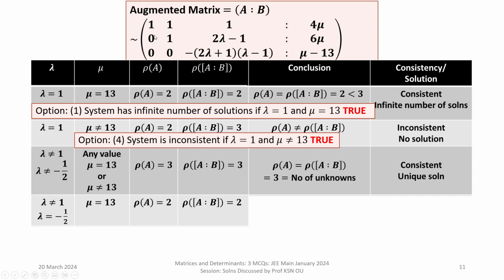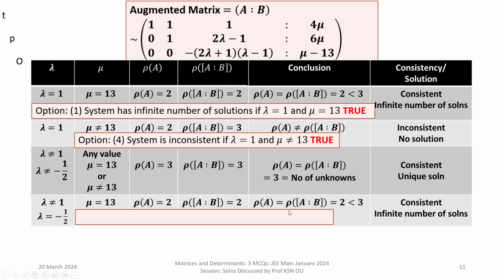And mu not equal to 13, then this position will be not equal to 0, and the rank of AB will be 2. Rank of AB is also equal to 2. So they are equal to 2, less than 3, the number of unknowns, therefore it's consistent and it has infinite number of solutions.